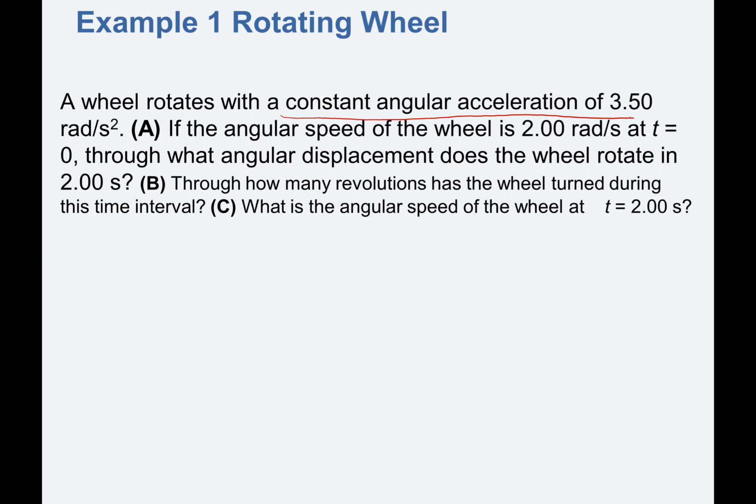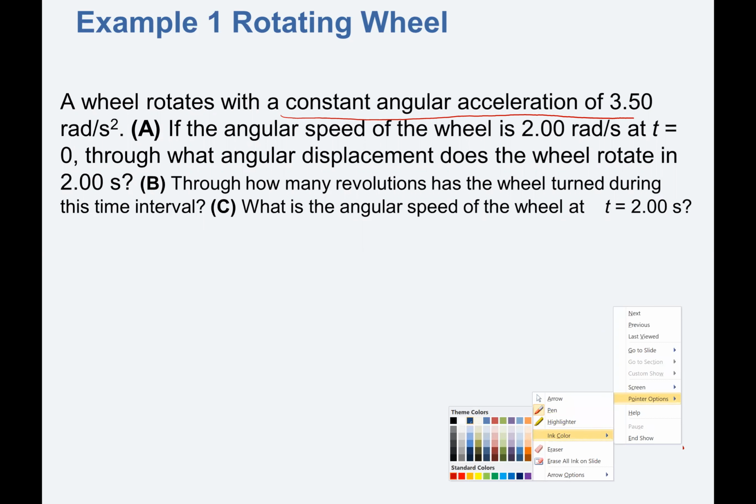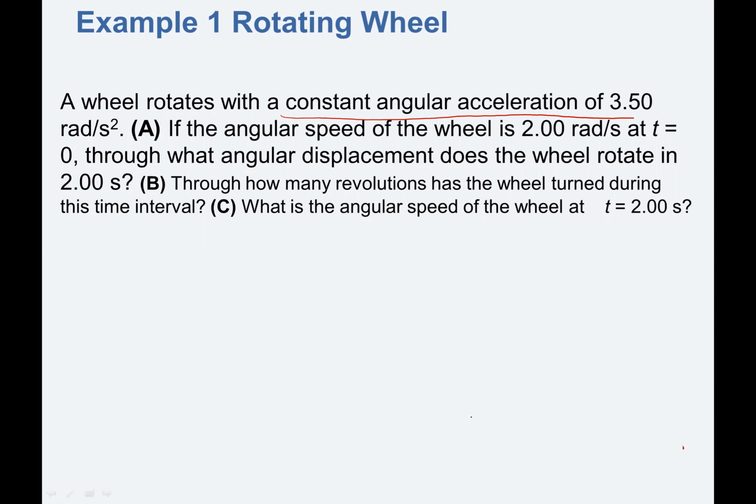Let's do this one first. Here's what I have. The same organization that we used for the linear kinematics, we can use here. You write down what is given to you. I'm given that alpha is 3.5 radians per second squared, and that omega initial is 2 radians per second when t equals 0. That's my initial.